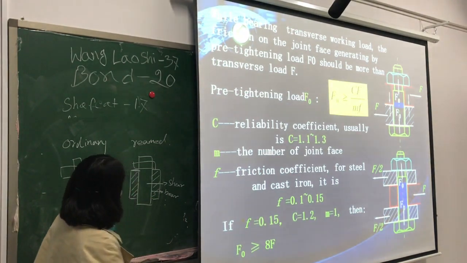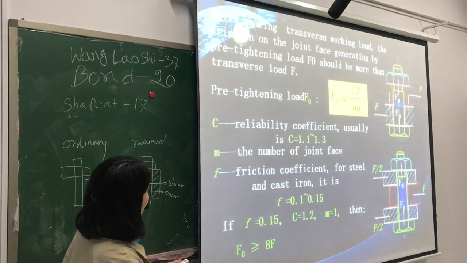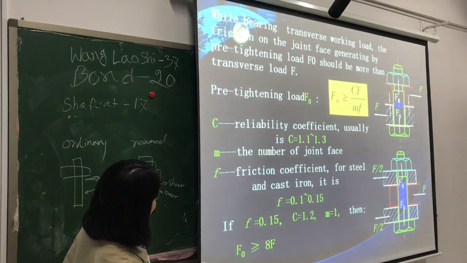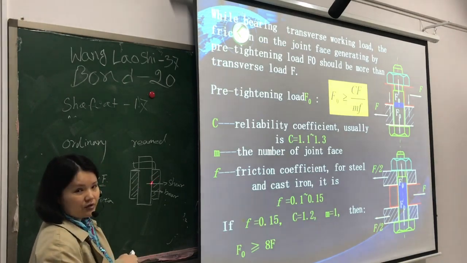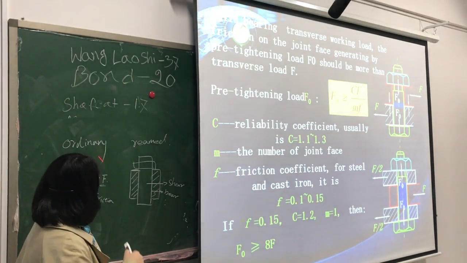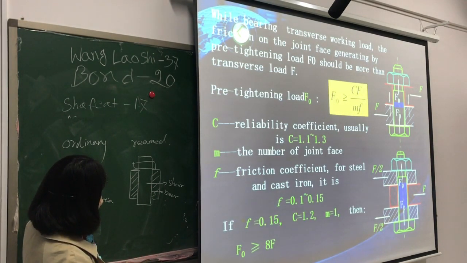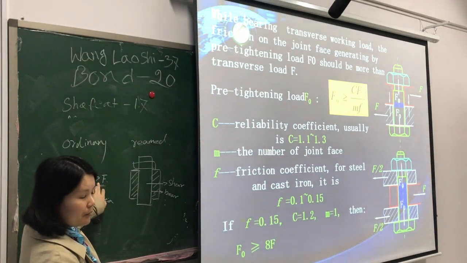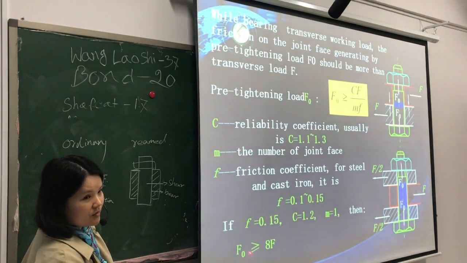So if the operating load is transverse, we usually use the reamed bolt joint, because under this condition, using friction to prevent the transverse F, the preload should be very large.